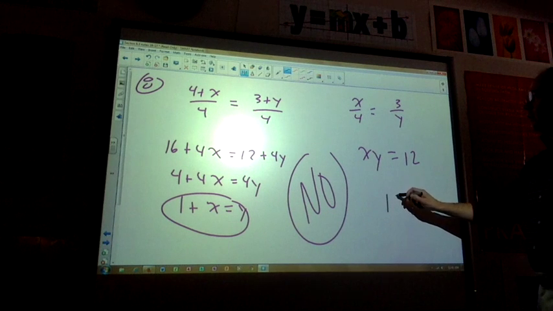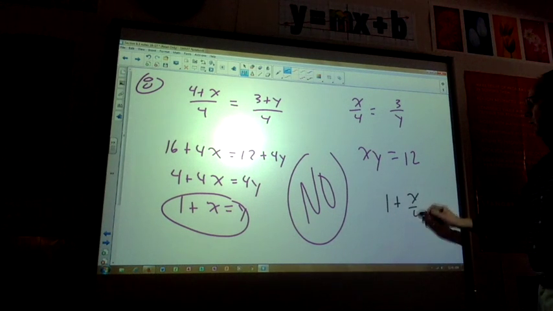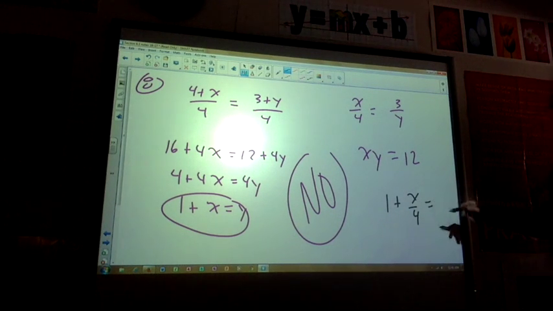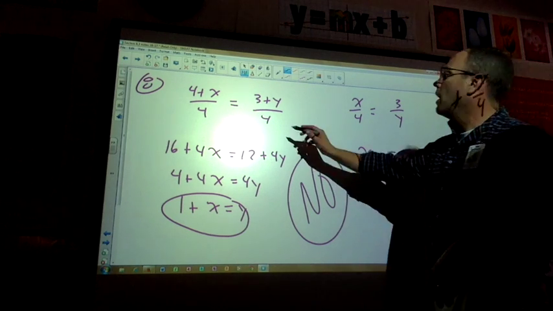So 1 plus x over 4 equals 3/4 plus y over 4. I start breaking across the fraction. Wait, but it's not supposed to be, it's supposed to be a y. Where's a y? 3 plus y over y. This is a y? Yeah.